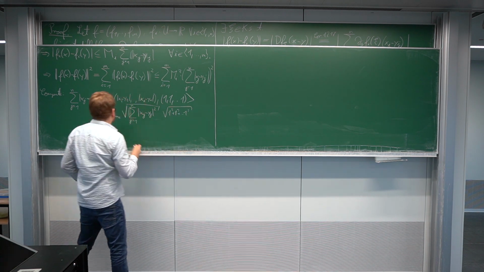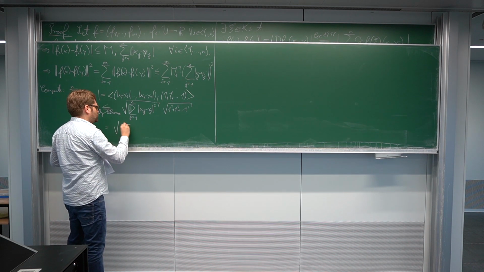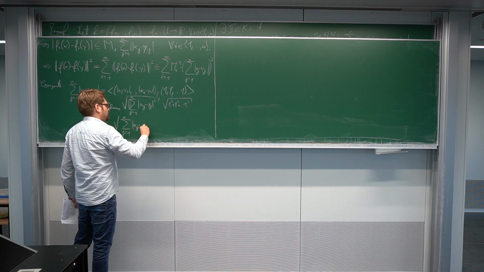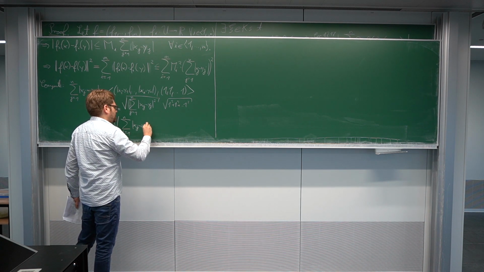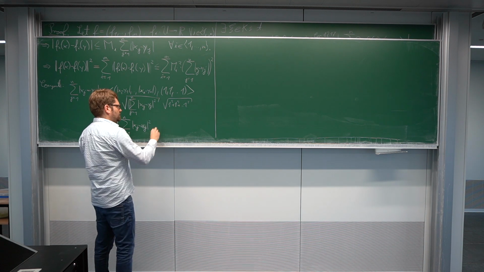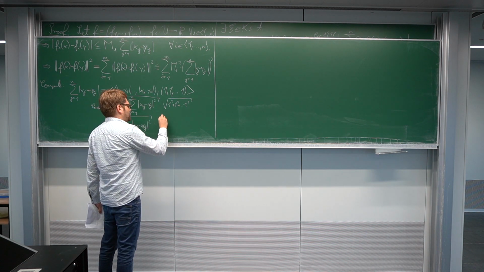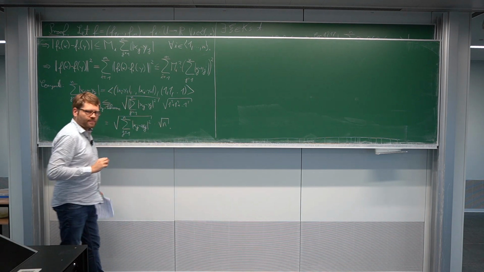So this is simply the square root of the sum over j from 1 to n of xj minus yj squared, times the square root of n.